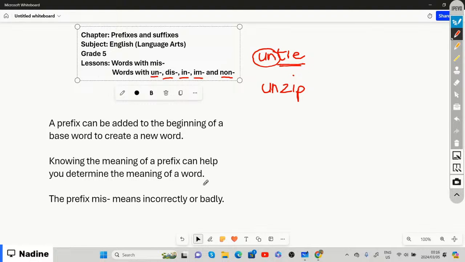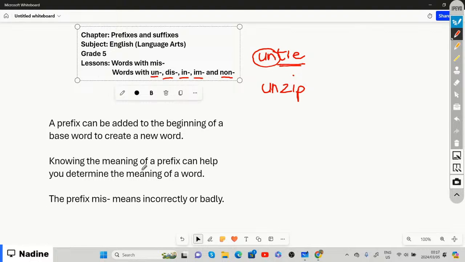So basically, before we even continue, these are all negative words. The prefixes "un," "dis," "in," "im," and "non," even "mis," are negative, because we said "mis" means incorrectly or badly, right? Then we also have the prefix "un," which also means a negative.